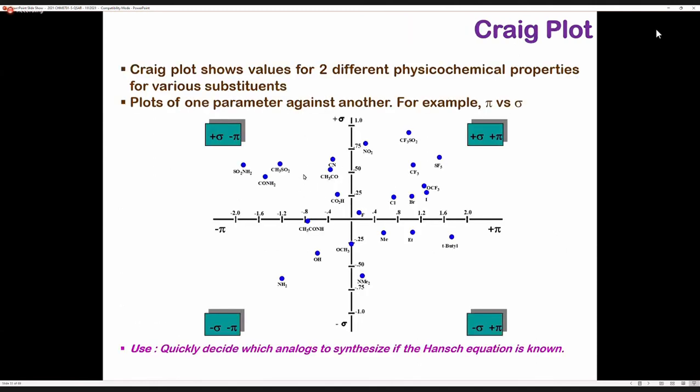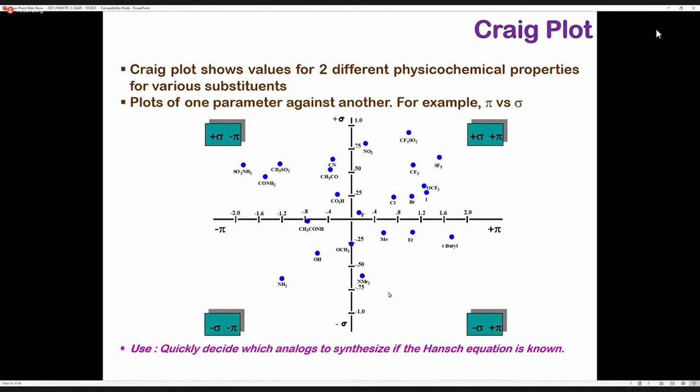Craig plot is a statistical method. It measures and combines both values directly, plotting them in this Craig plot. So this is like a map. Okay. So if you have this Craig plot, it depends on your statistical method too. If you plot one parameter against the other, then you need to find that one.